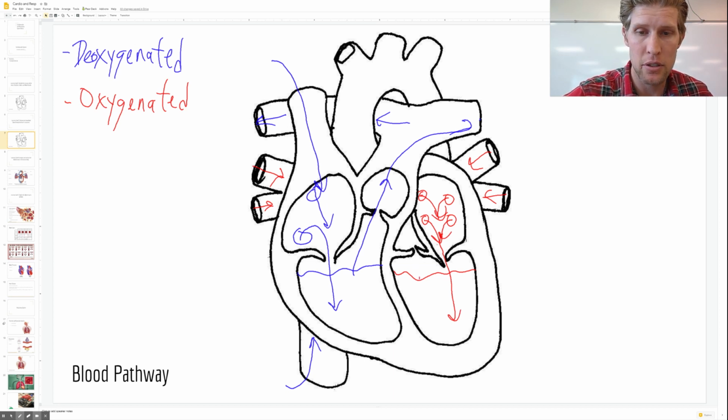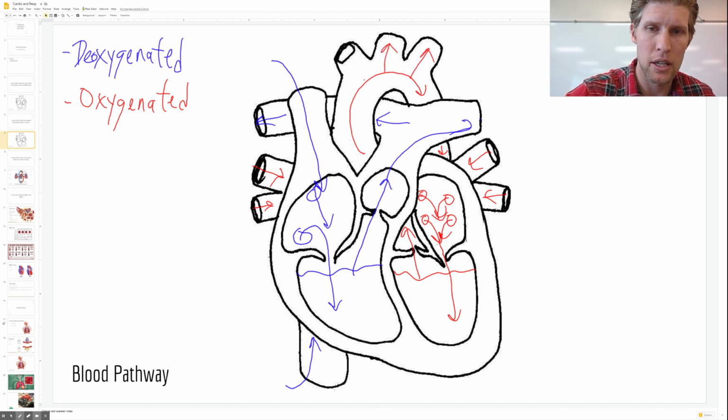It'll leave the left ventricle, out the aortic valve, up through the aorta, and to the rest of your body. So these lead to your arms and head right here, those three vessels. There's actually the descending aorta right here, which is pretty cool.